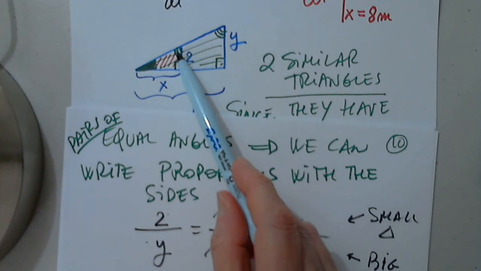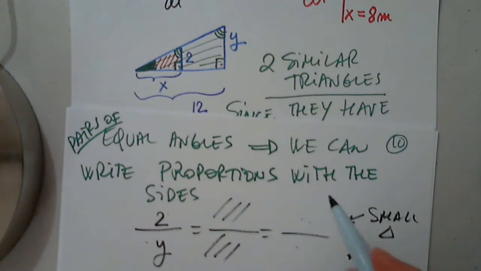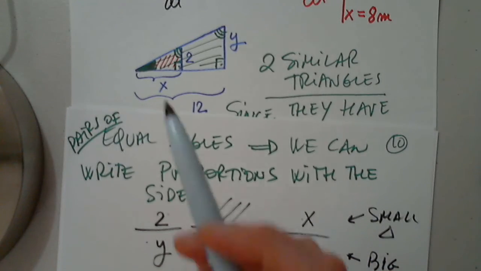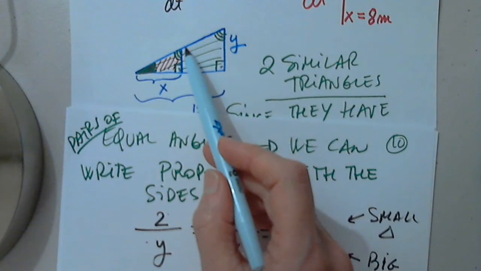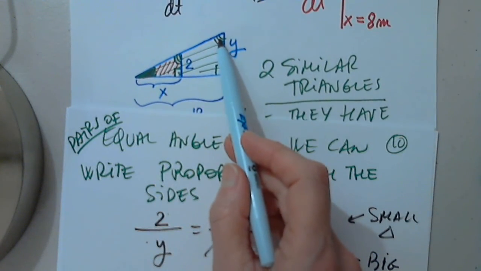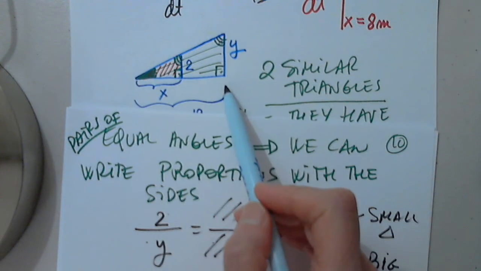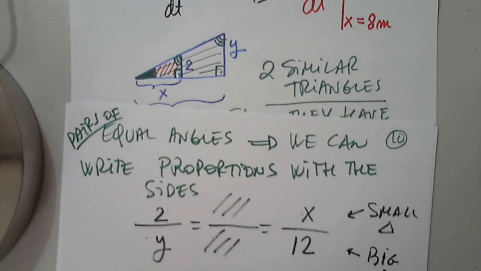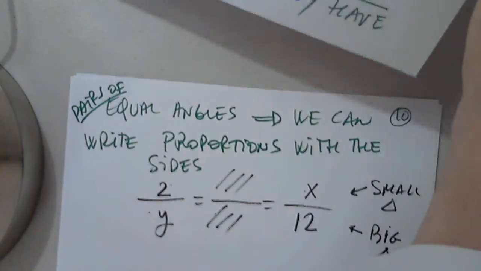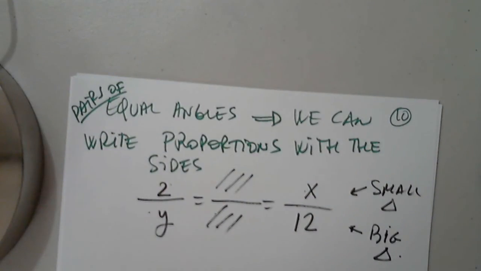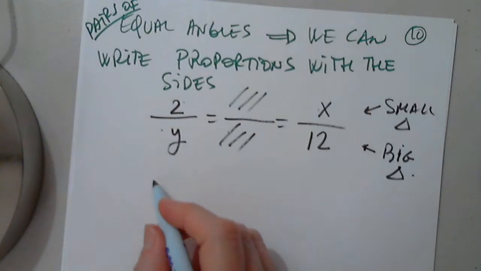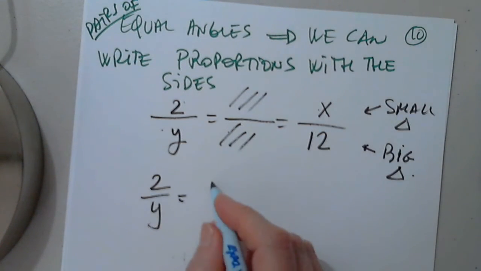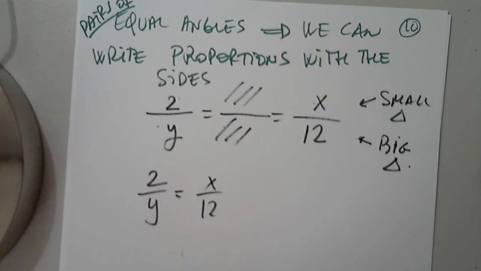This angle has an opposite side, which is x, in the small triangle. The congruent or equal angle has 12 as the opposite side. So now I have a proportion. 2 over y equals x over 12.